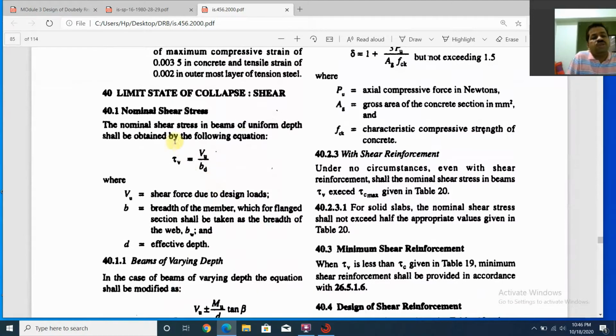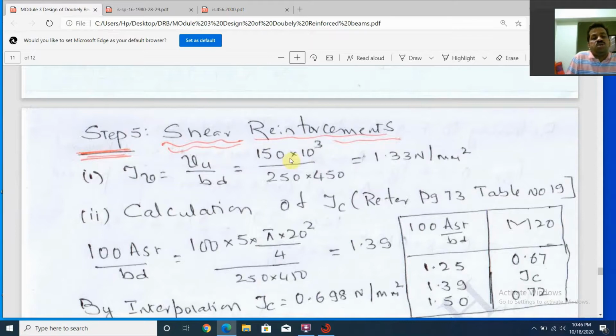First we are going to find out the keyword, limit state of collapse for the shear. So tau V, stress caused due to shear force, is Vu by bd. So hence I have done the similar formula, shear force divided by the cross-sectional area 250 into 450, we get as 1.33 Newton per mm square.